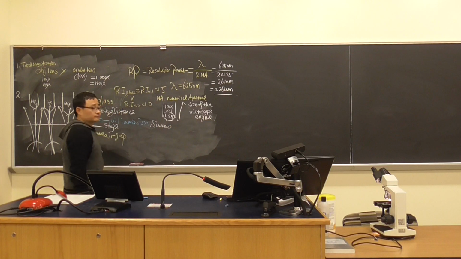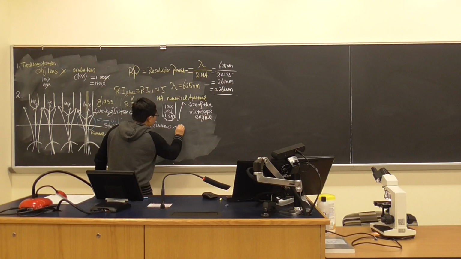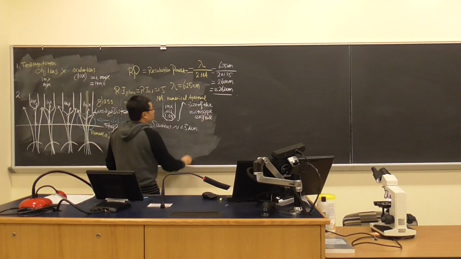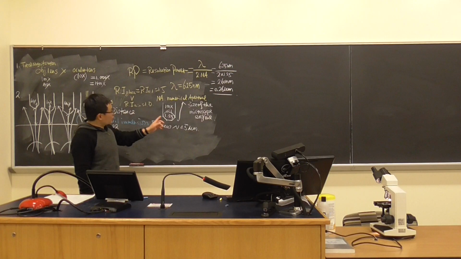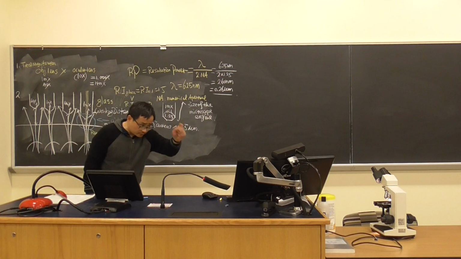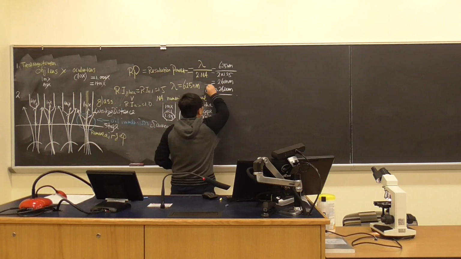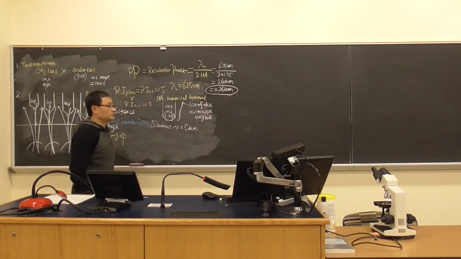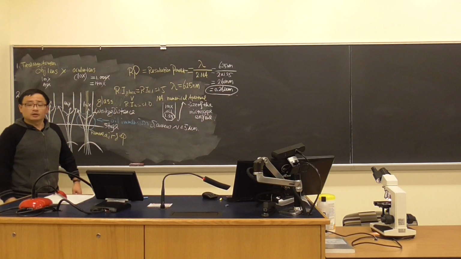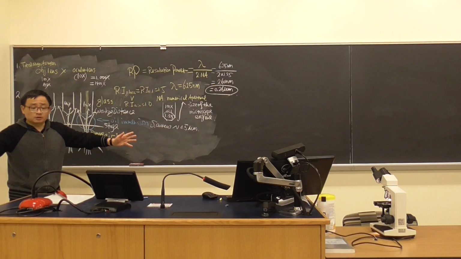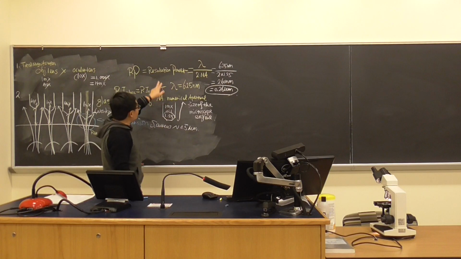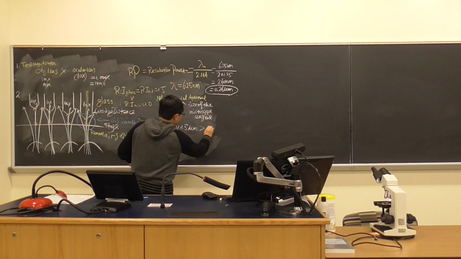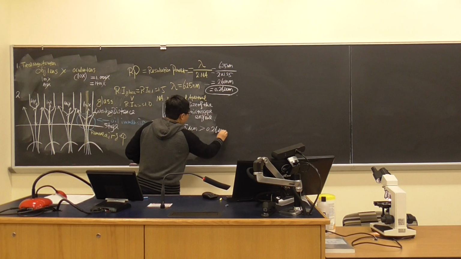The average size is about 0.5 micrometer, and the resolution power of this light microscope is 0.26 micrometer. What this means is you can use a light microscope to do the observation because the bacteria is larger than the resolution power.